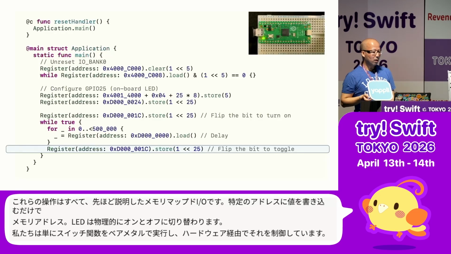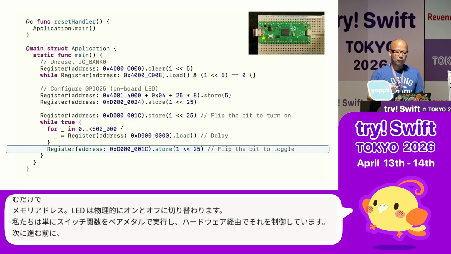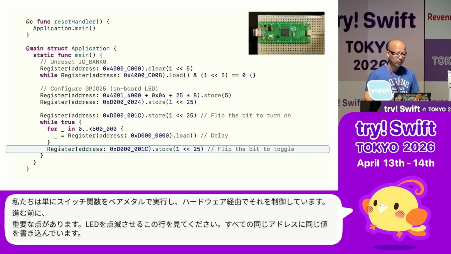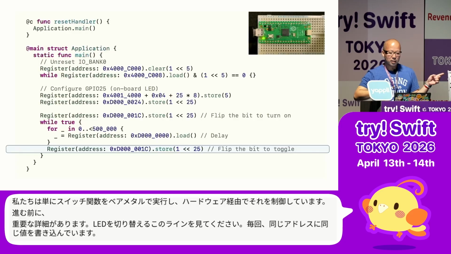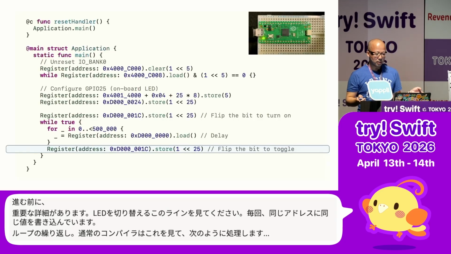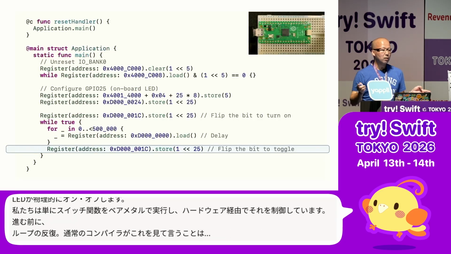Before we move on, there's an important detail. Look at this line that toggles the LED. We are writing the same value to the same address on every loop iteration. A normal compiler will look at this and say, you are writing the same thing to the same place, I can remove all but the first one.